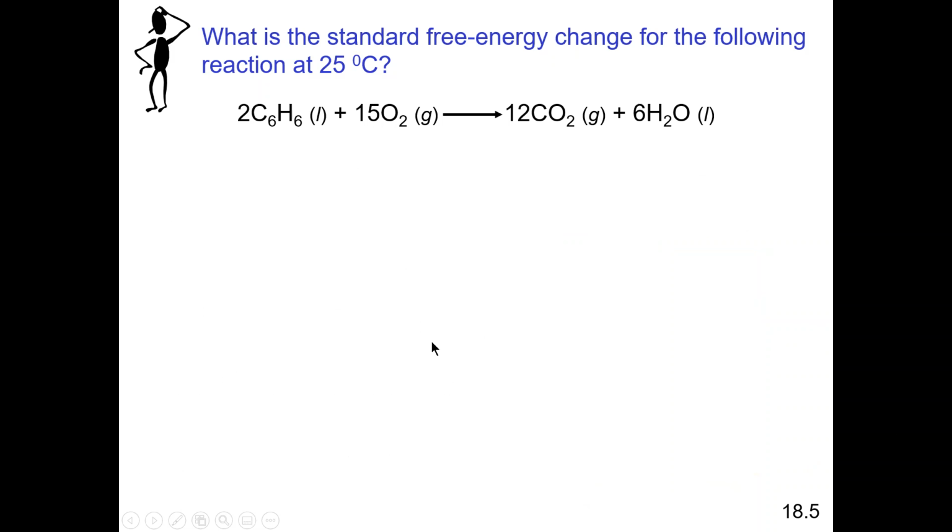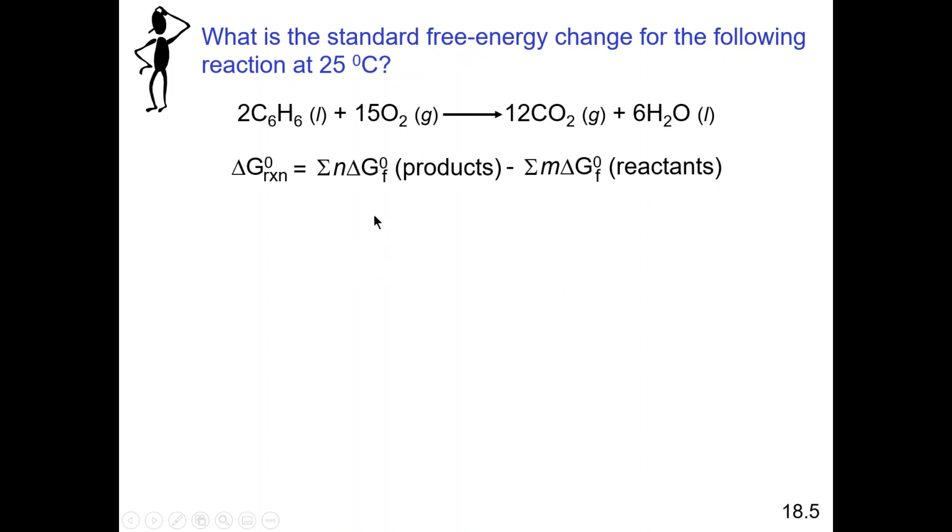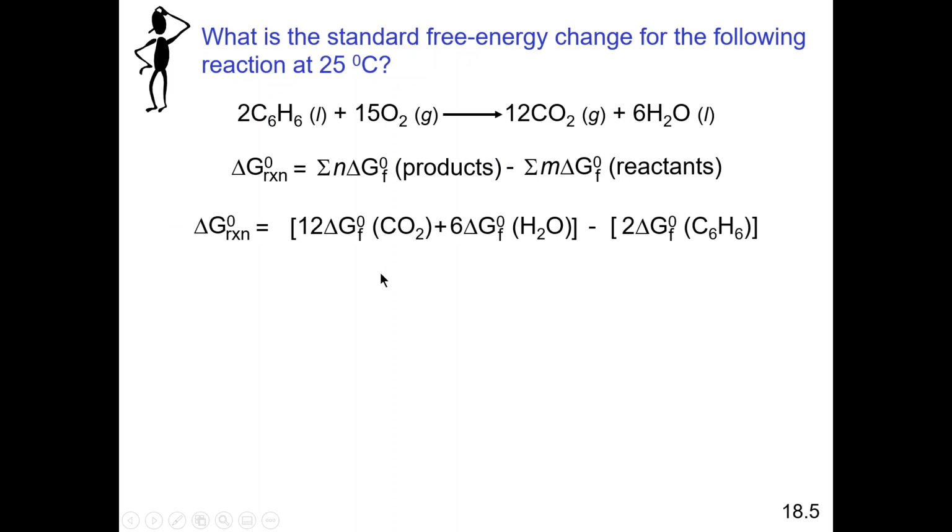Okay, with that said, we can simply apply what we just learned to this problem here. The question is asking for the standard free energy change of the following reaction at 25 degrees Celsius. That's very simple. It's basically products minus reactants, and we set up our equation. Of course, we have to multiply the free energy of formation standard for the different substances by their respective coefficients.